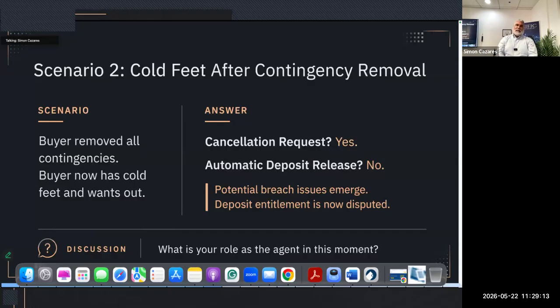But the likelihood is, again, if I'm dealing with a Steve Gottlieb, he's probably going to advise his sellers, hey, look, the buyer released all contingencies, we're so far into this situation, you've been damaged, in my opinion, right? So, okay, we're not going to mutually agree. So we'll cancel, but the deposit goes to the seller.